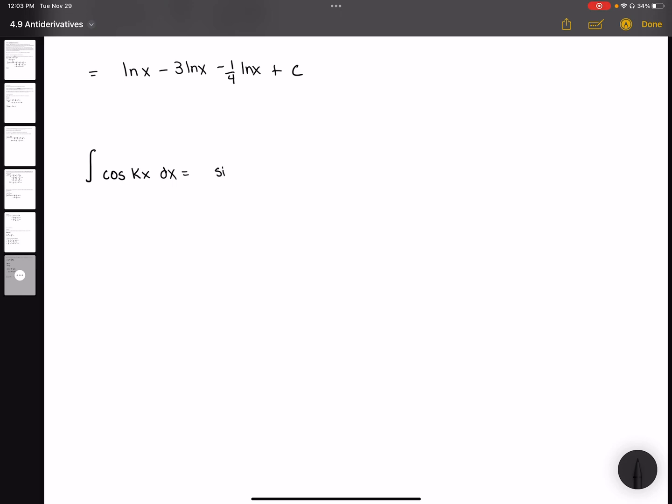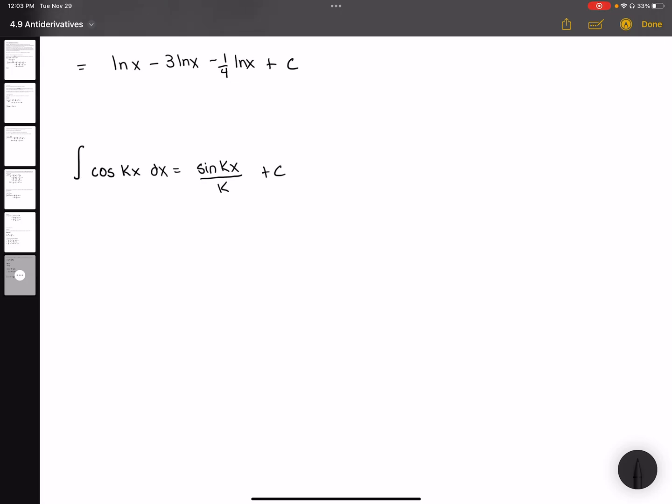That's going to be sine kx, but then we have to divide by k, because if you take the derivative of sine kx over k, you get cosine kx, plus c.